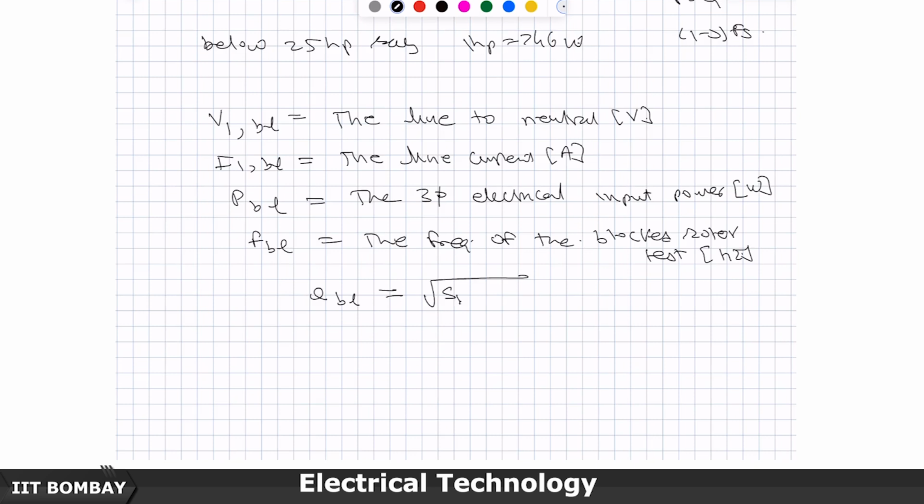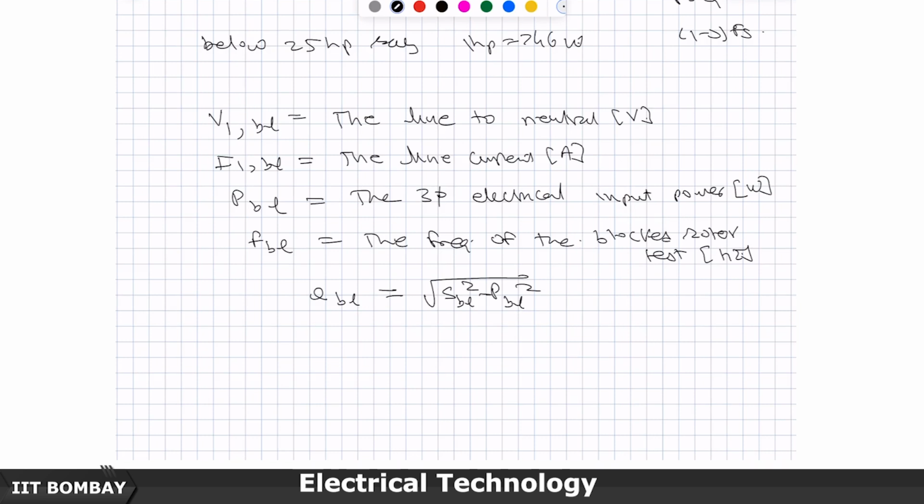So, from the power which is going inside, I know what is the PBL, that is the wattmeter reading. Square it and subtract it from the apparent volt ampere square, and you will basically get the QBL.